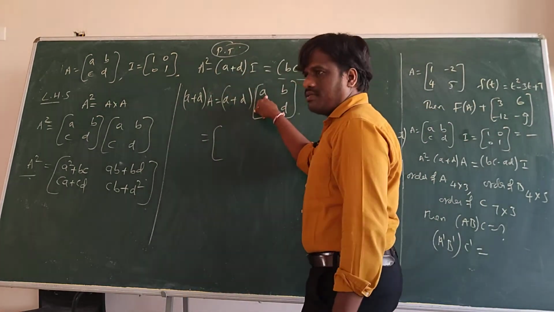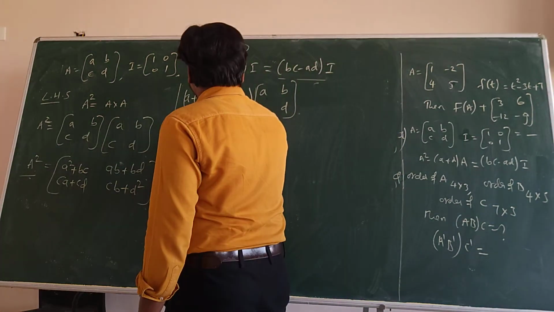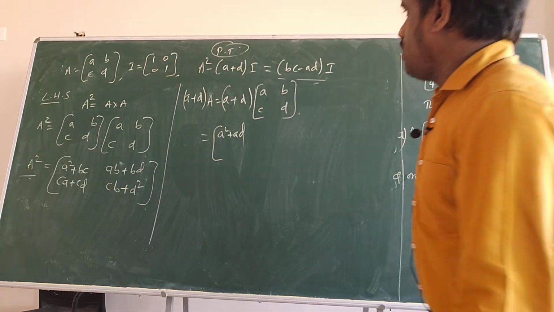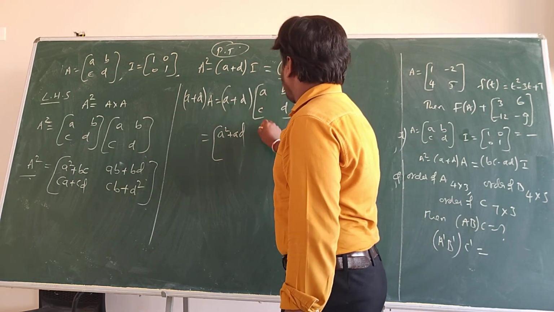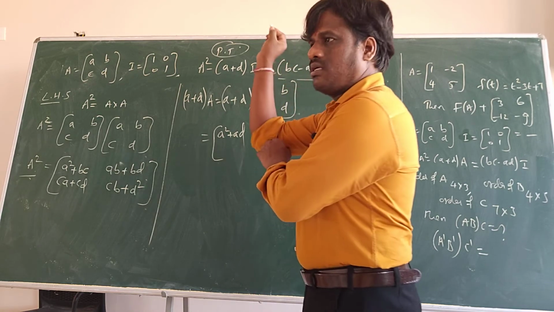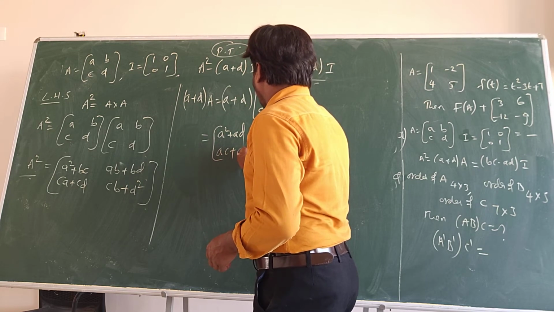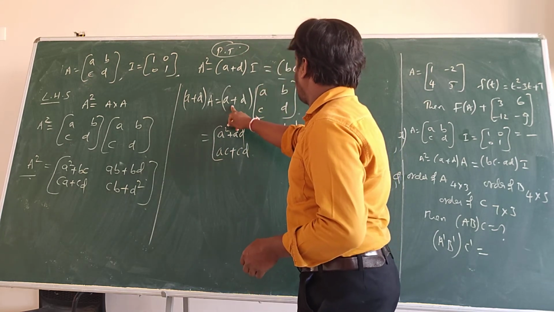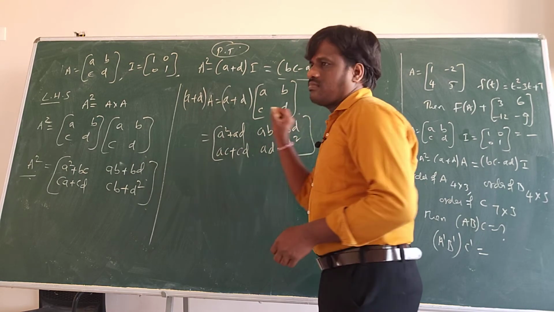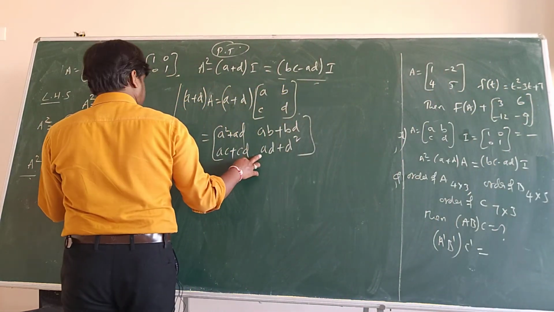If you multiply, what do you get here? (A plus D) into A, that I get A square plus AD. A square plus AD. Okay. Now if I multiply this, AB plus BD. Right? Now AC plus CD. Here AD plus D square. Correct? Now what you have to do? You have to do subtraction of these both.